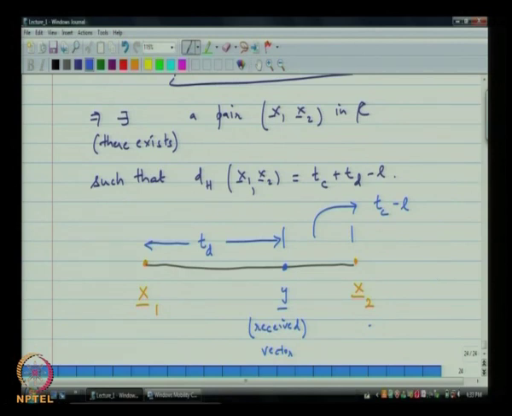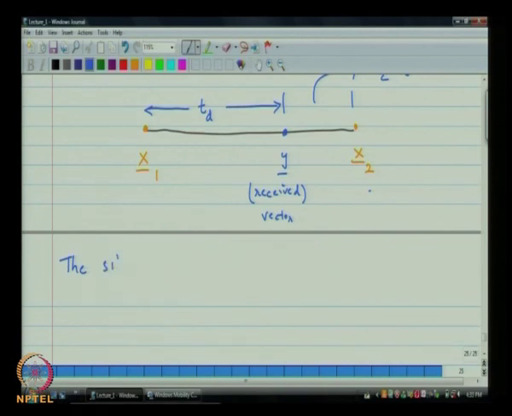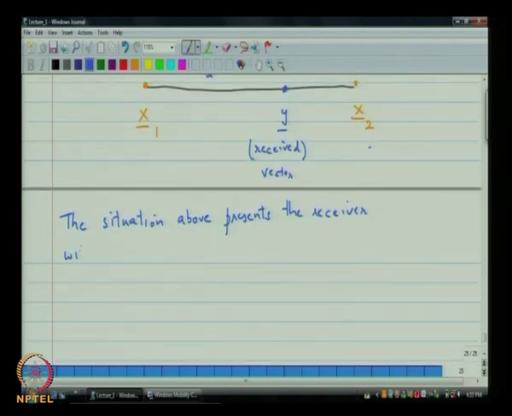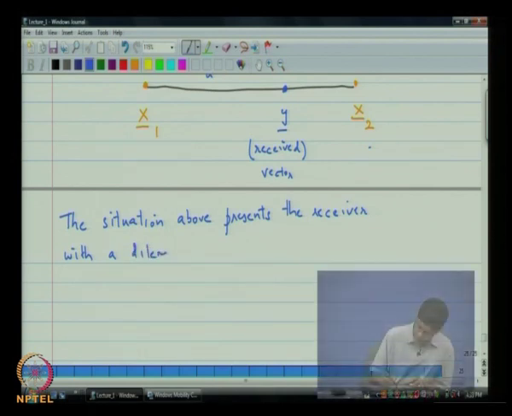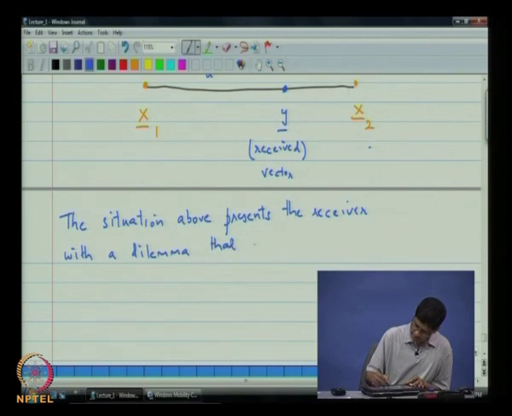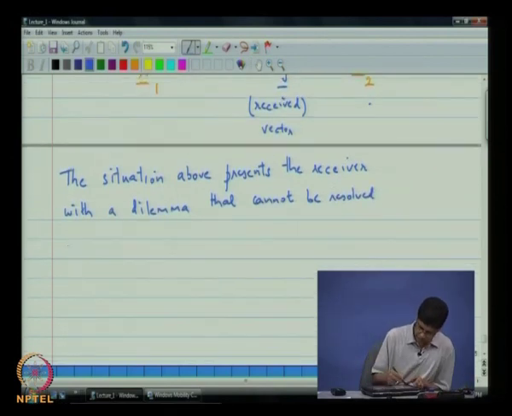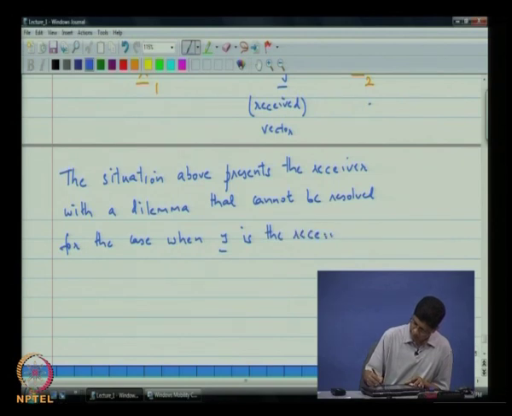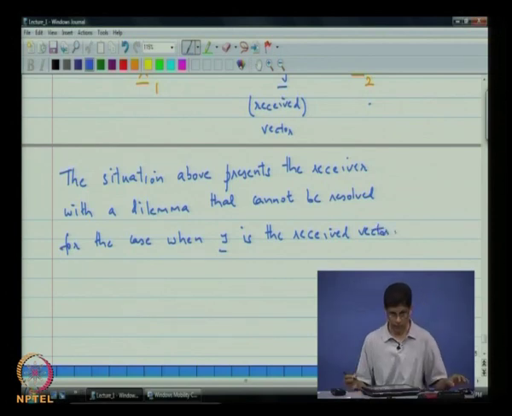Okay, so I will just make a brief note along the lines of what I have just said. So, we will say that the situation above presents the receiver with a dilemma that cannot be resolved for the case when y is the received vector.